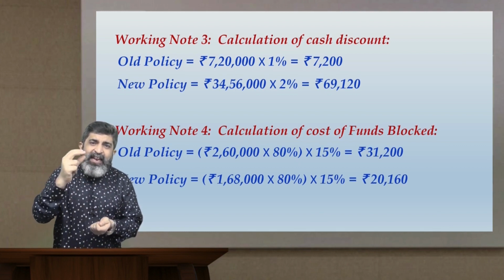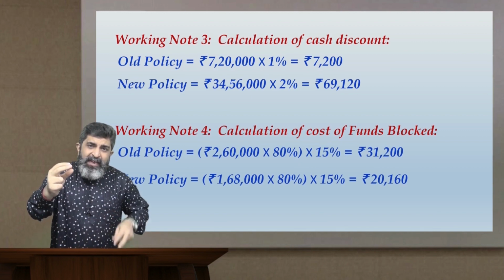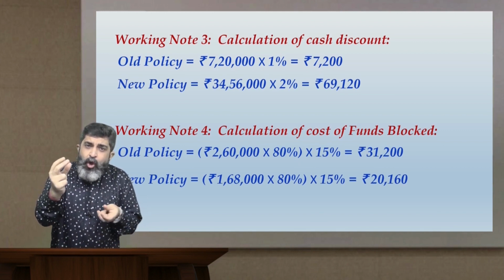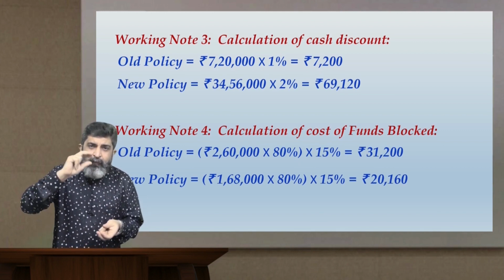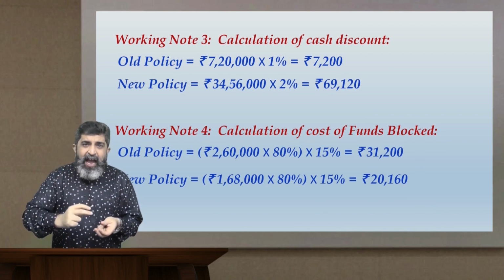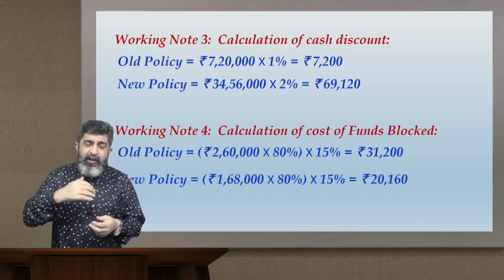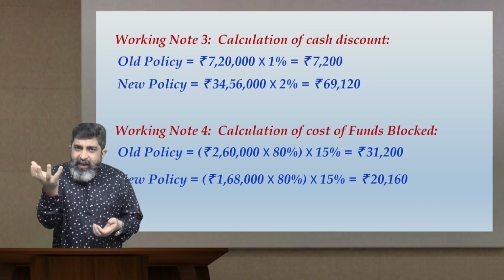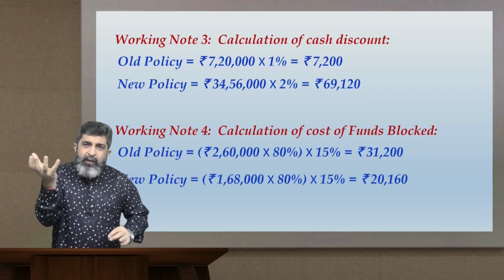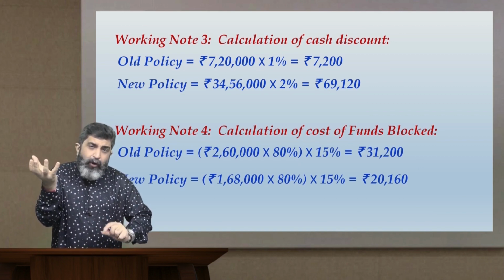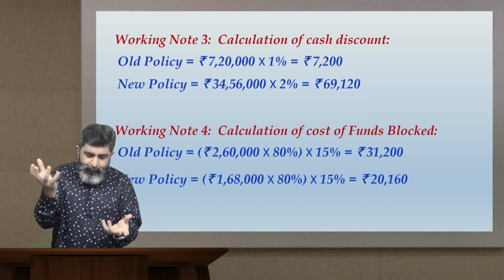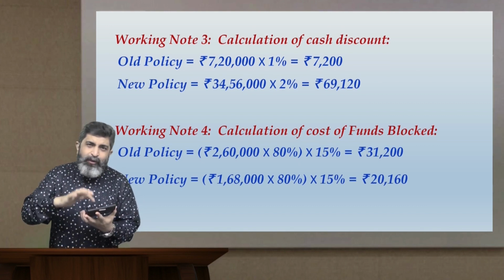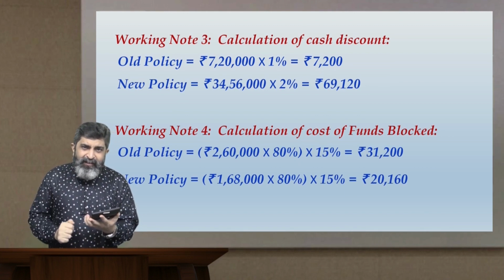If I am making sales of rupees 100, the money that is blocked from my pocket is not 100 but 80. When I am investing 80, I am able to create debtors of 100. In other words, if I want to create debtors of 100, investment from my pocket or funds blocked from my pocket is only 80.